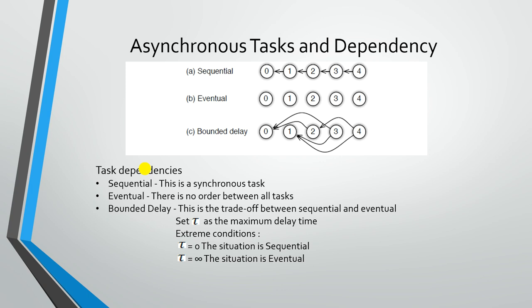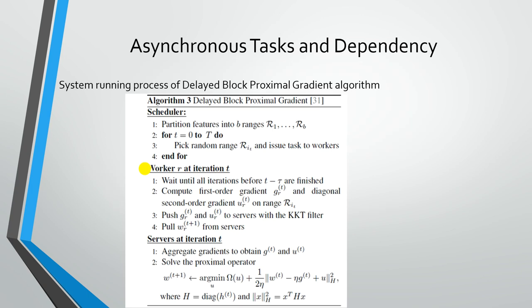Okay, now let's look at the system running process of the bounded delayed algorithm, proximal gradient descent, abbreviated as PGD. In here you can see the first part is for the scheduler, the second part is for the workers, and the third part is for the servers.